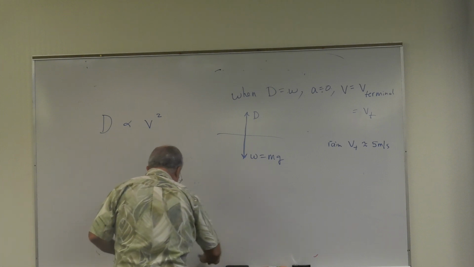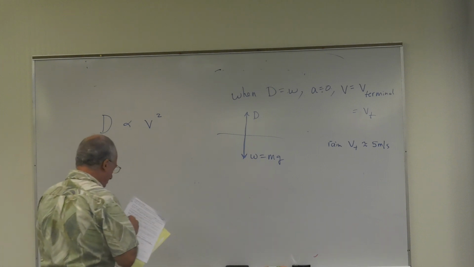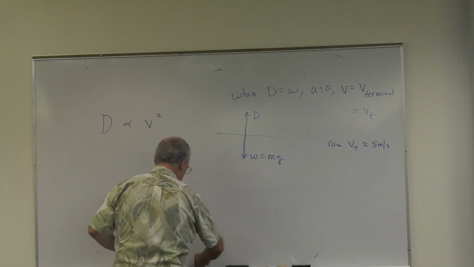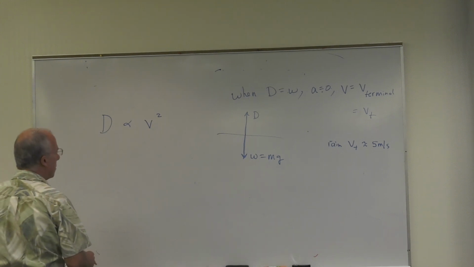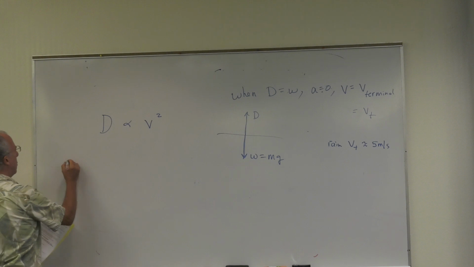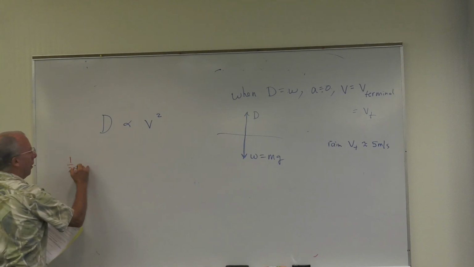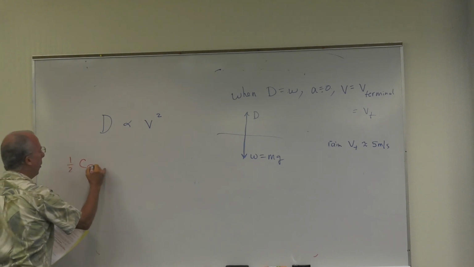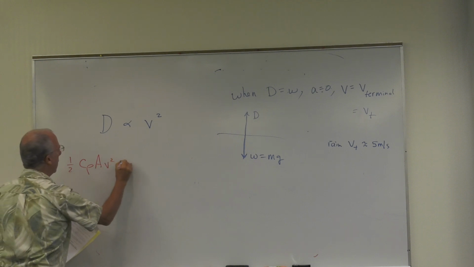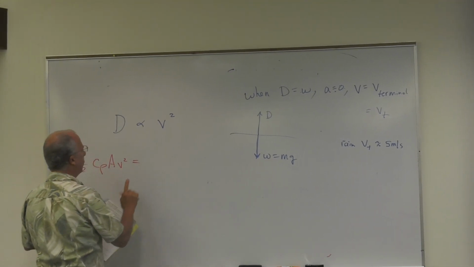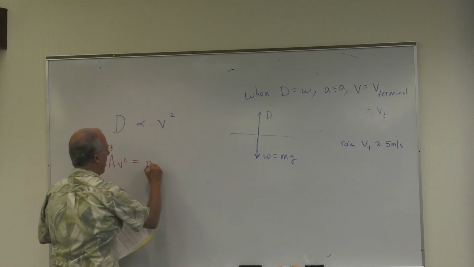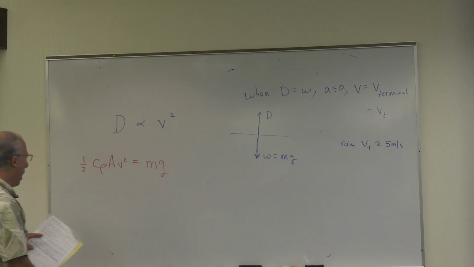Let's figure out an equation for the terminal velocity. All right, so the drag is 1/2 C rho A v squared. And we want to put that equal to the weight, mg, since the drag equals the weight. Now we want to solve for v.